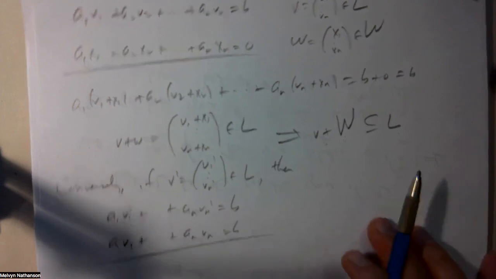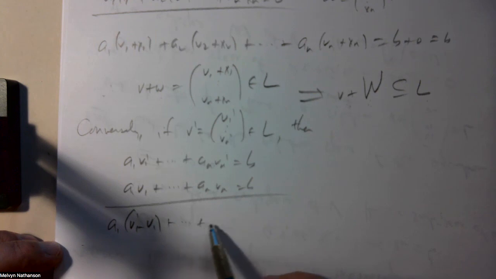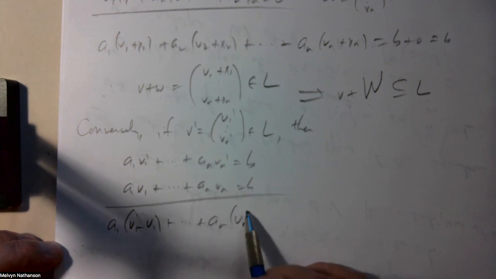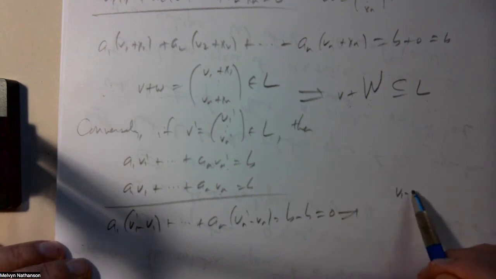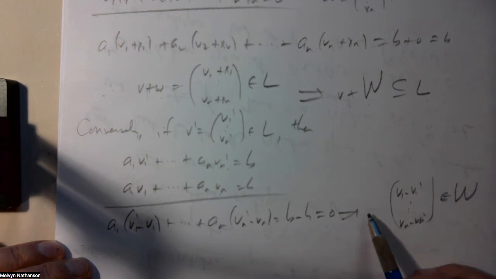And if I take these two equations and I subtract, I get a1(v1 prime minus v1) up to an(vn prime minus vn) is b minus b, which is 0. And that means that the vector with coordinates v1 prime minus v1 down to vn prime minus vn is a solution of the homogeneous equation. So this is in W. This is the vector v prime minus v.